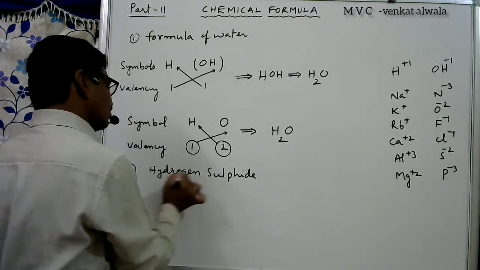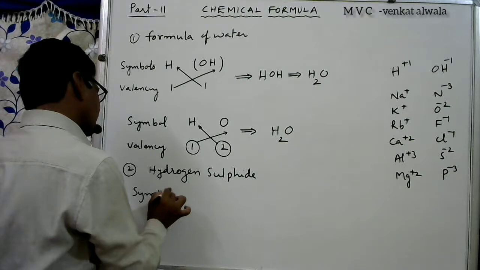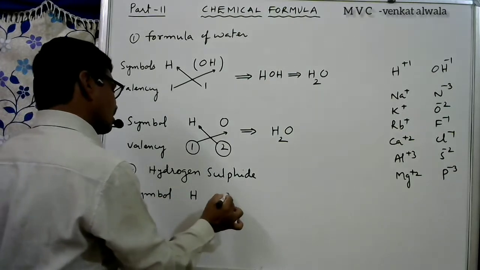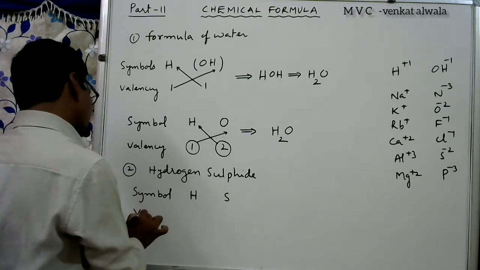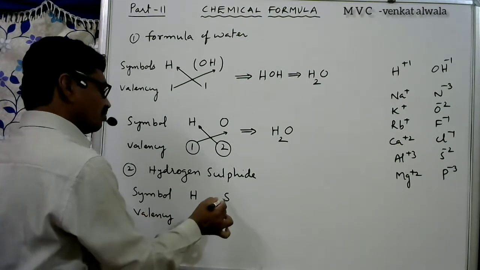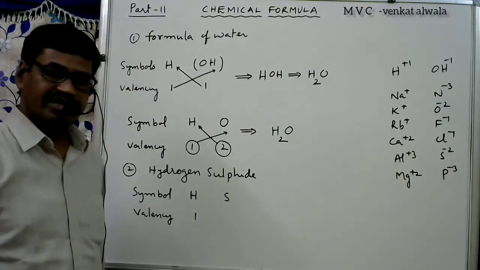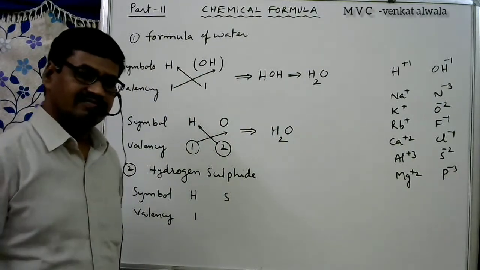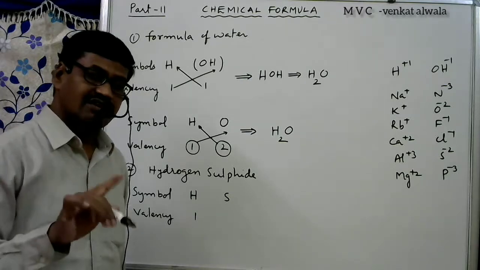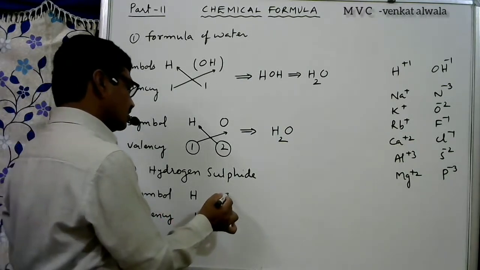Hydrogen and sulfide. From this we can write the symbols: first hydrogen, then sulfur. Below this I am writing the valency. The combining capacity of hydrogen is 1. The combining capacity of sulfur, how much is it? Sulfide, with the -ide ending, means it is a simple ion. Sulfate is different, sulfide is different. Sulfur is a simple ion, no?